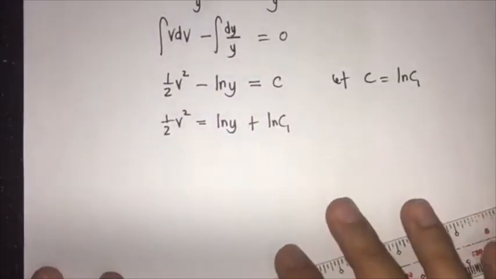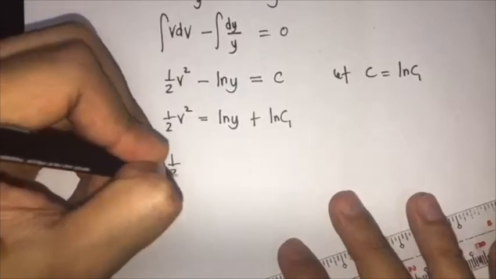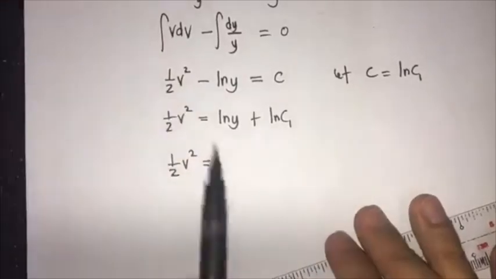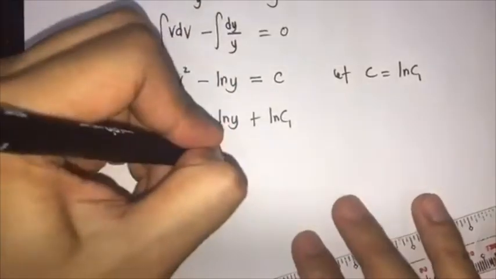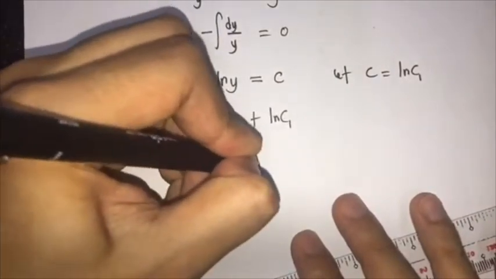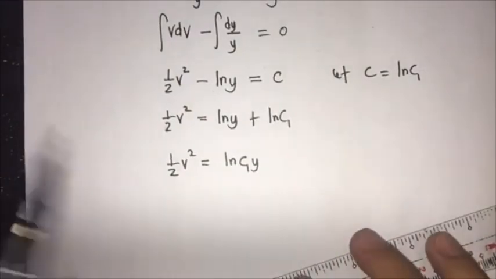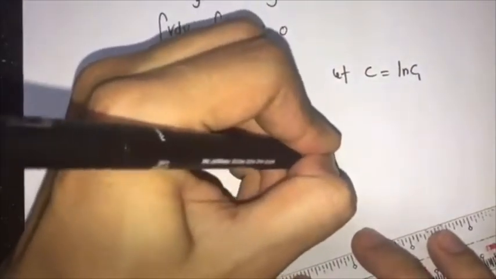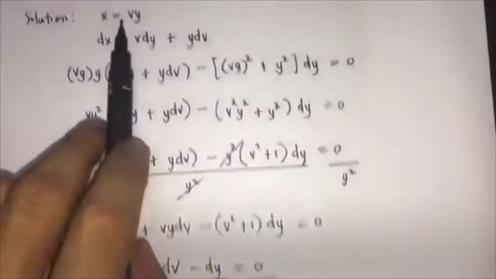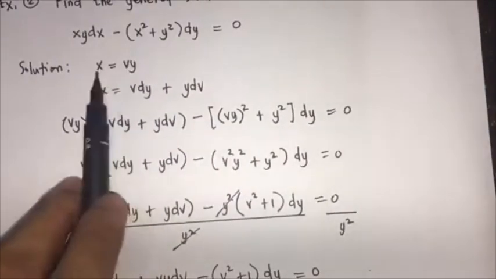So therefore, combining using the laws of logarithm, the product rule, this will become 1/2 v squared is equal to ln of c1 times y. Okay, since from our substitution x is equal to vy, then v is equal to x over y.